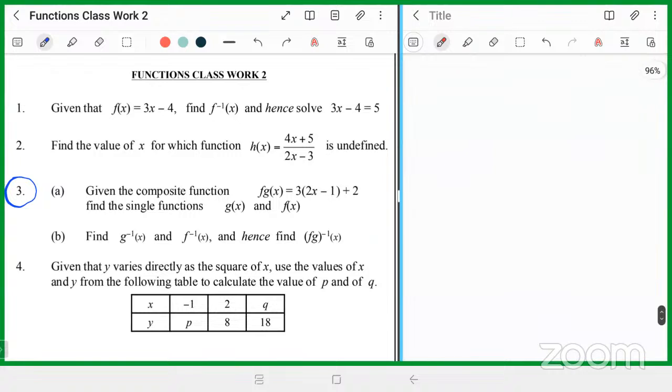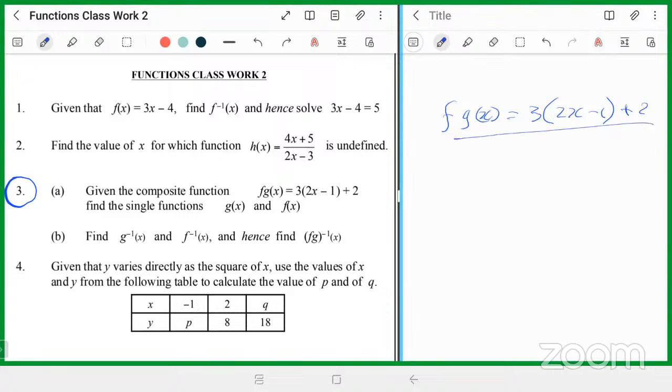So they give us this composite function, and we have come up with a 2-step method to do it that will work basically every time. This composite function is f of g of x, and it is equal to 3 into 2x minus 1, plus 2.